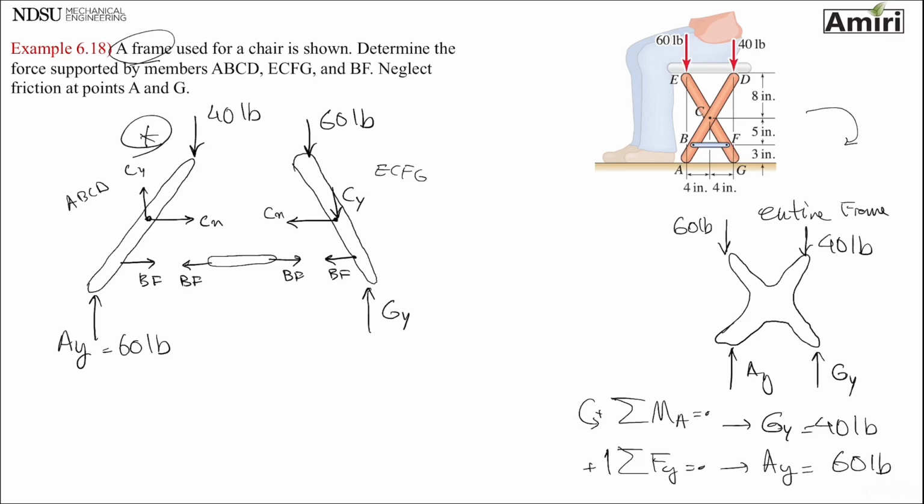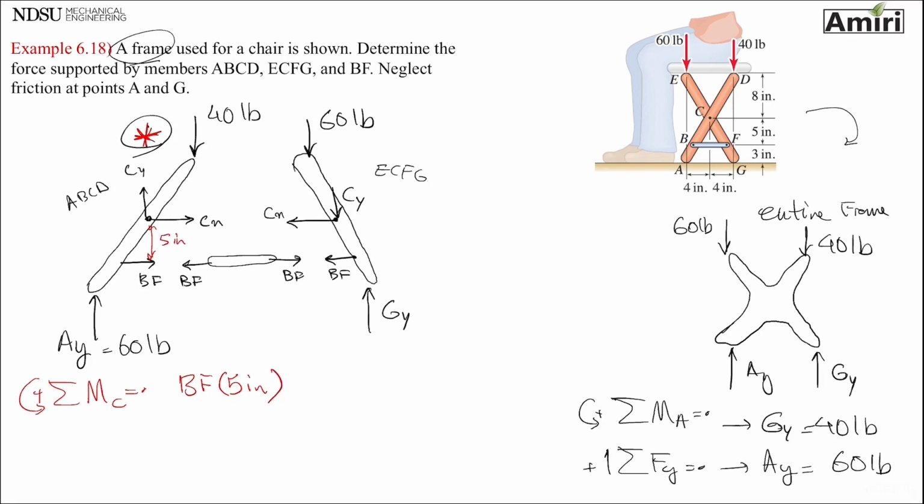Now, if I look at the member, this free body diagram, the star free body diagram, let's see, summation of moments about point C is 0. I have a BF multiplied by 5 inches, the perpendicular distance between C and line of action, 5 inches.